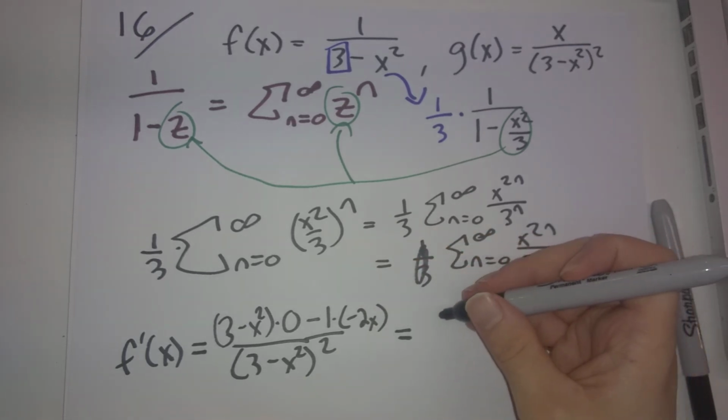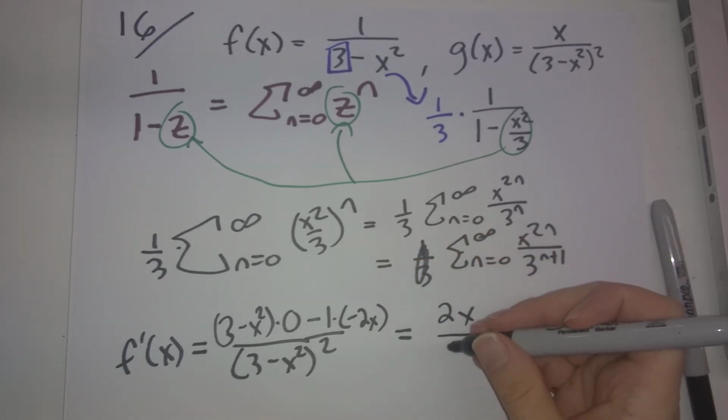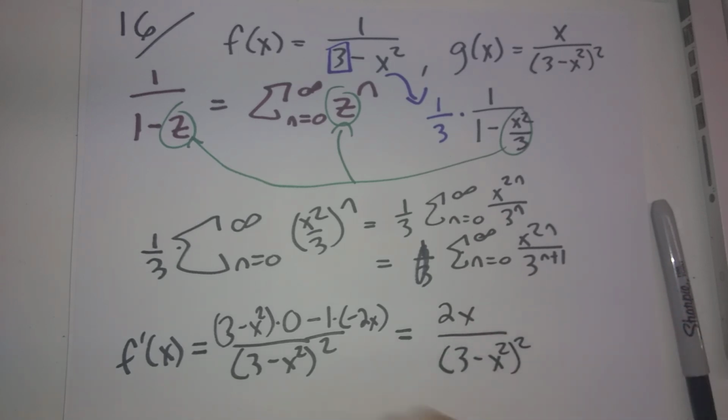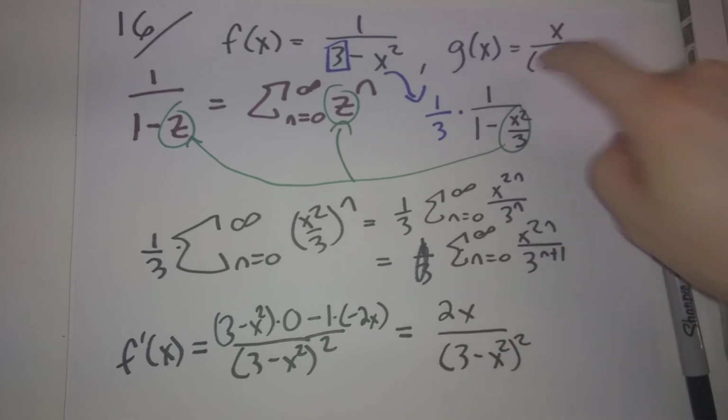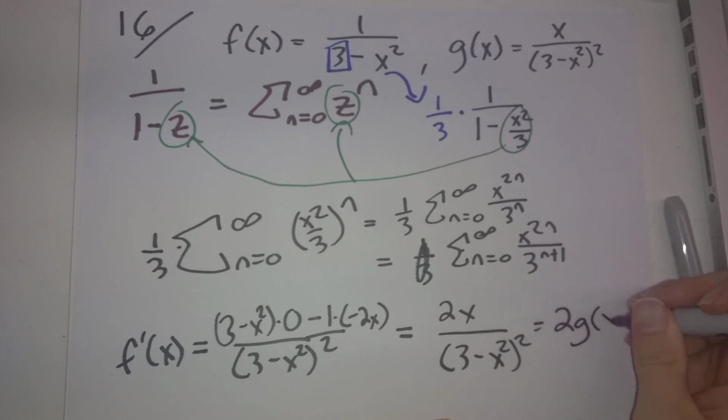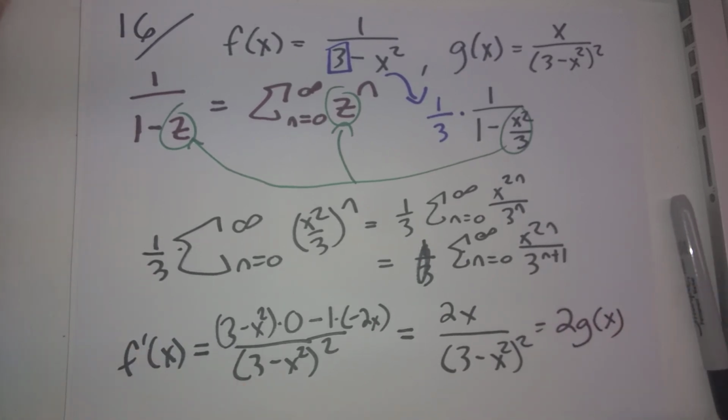So this becomes 2x divided by 3 minus x squared, squared. In other words, this is exactly twice what g of x is. So g of x is equal to half of the derivative of f of x.